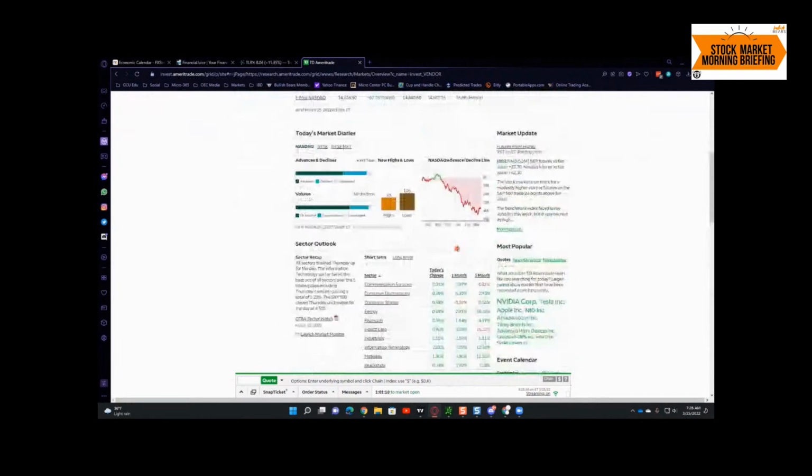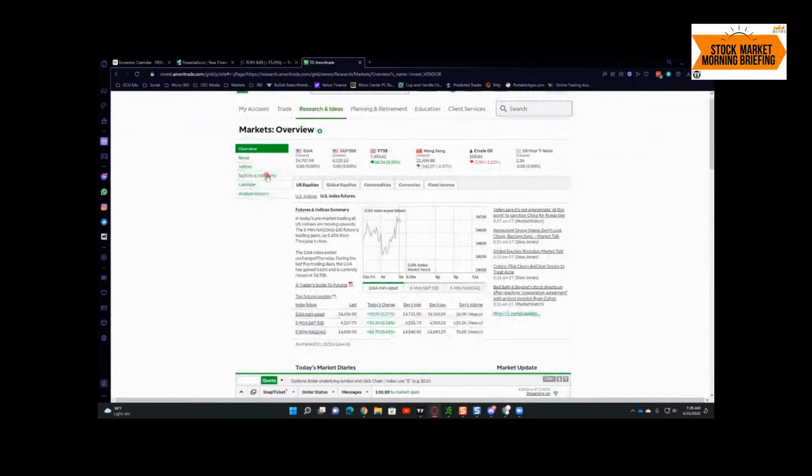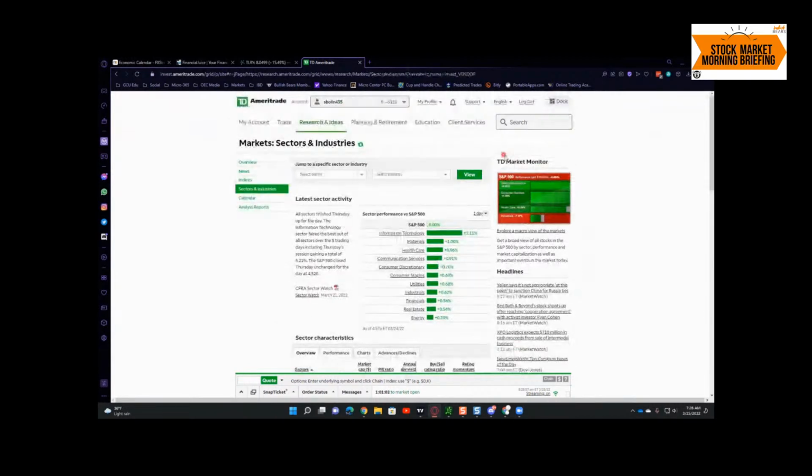No, we got to do one more thing. On the left side, you got Sectors and Industries. And click on that, and you see this TD Market Monitor. This little thing right there.